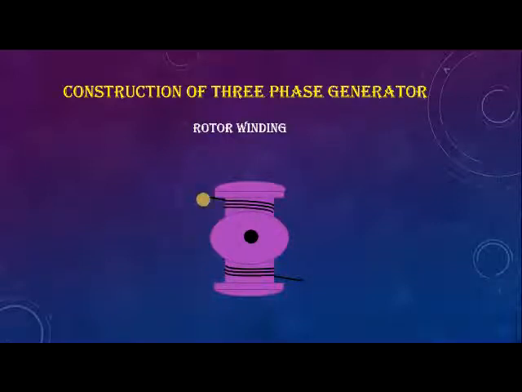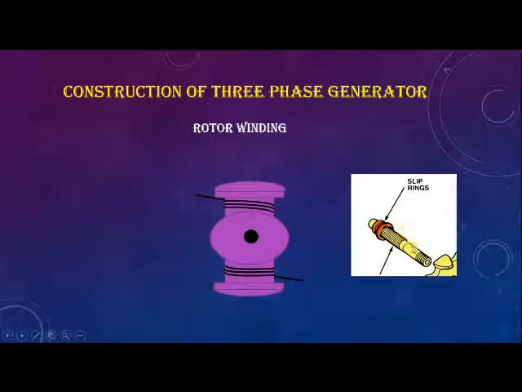That DC supply is called excitation. The rotor winding is also called exciting winding, or we can call it field winding because it produces magnetic field. So when you connect DC supply to this rotor winding, which is wound over the rotor core, it produces north pole along one end and south pole along the other end.